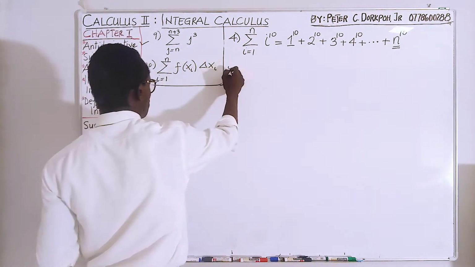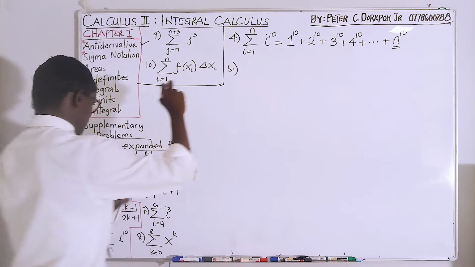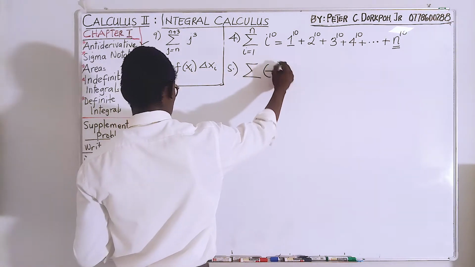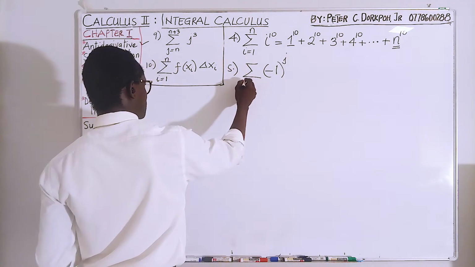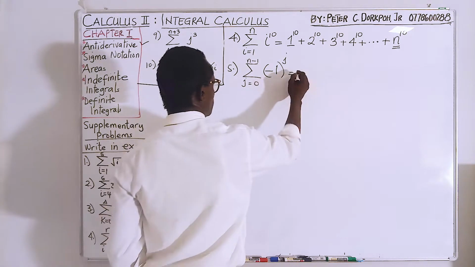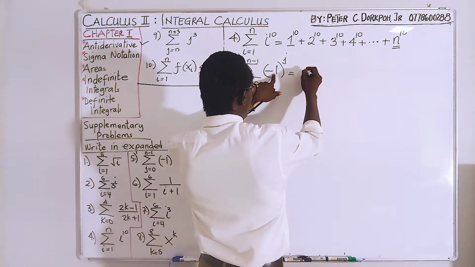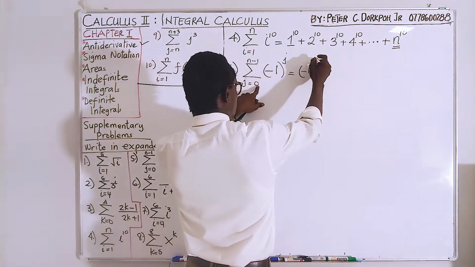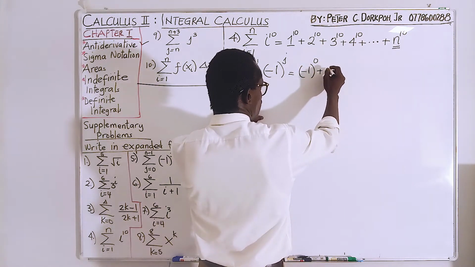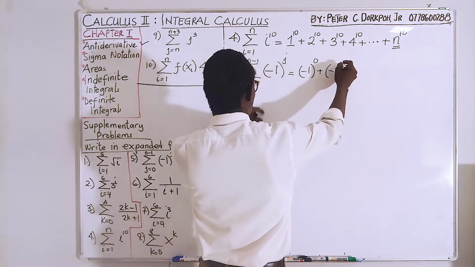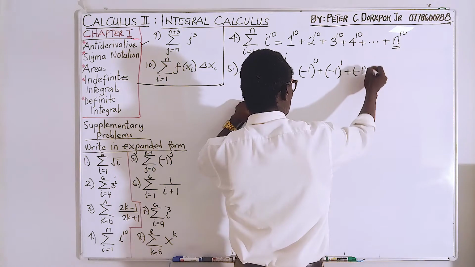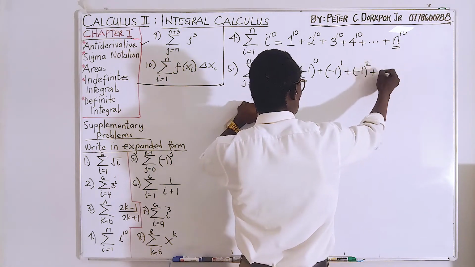The next one, question 5, says the summation of minus 1 raised to the power j as j leaves from 0 to n minus 1. So in the expanded form, we have minus 1 when you have j to be 0, plus the next one you will have minus 1 raised to the power 1, plus minus 1 raised to the power 2, plus dot, dot, dot.